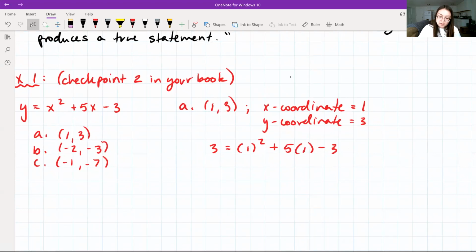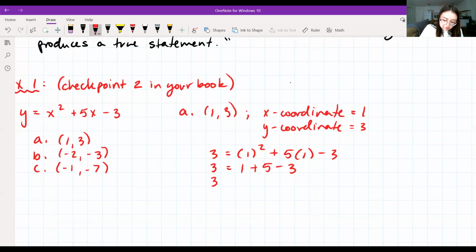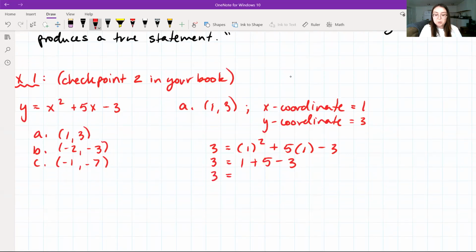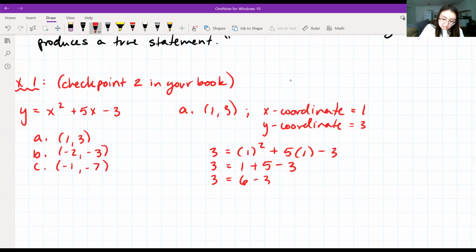So now we can solve our right-hand side here since it is still expanded. So we'll have 3 is equal to 1 squared, which is just 1, plus 5 times 1, which is just 5, minus 3. And we can simplify more. We have 3 is equal to 1 plus 5 is 6, minus 3.